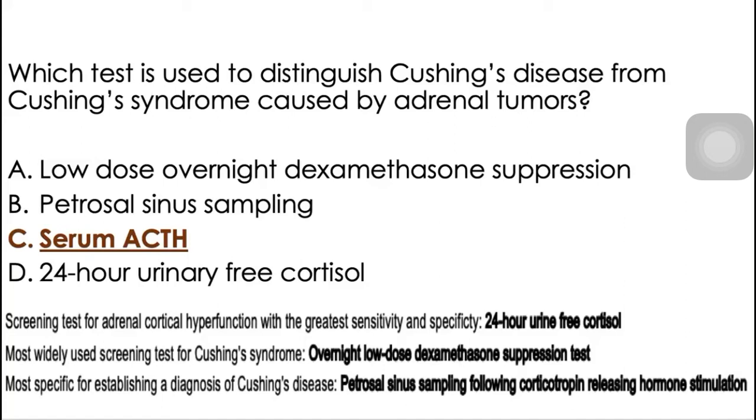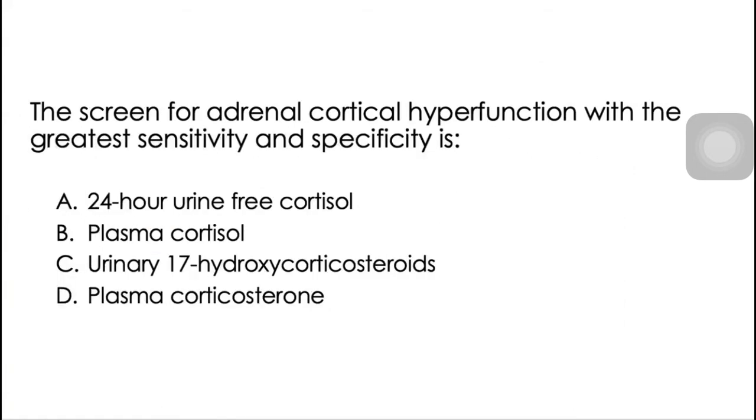The most specific for establishing diagnosis for Cushing's disease naman po, so for the more specific for diagnostic purposes, we have your petrosal sinus sampling following corticotropin releasing hormone stimulation. Okay? Pag tinanong po tayo, the screen for adrenal cortical hyperfunction with the greatest sensitivity and specificity, so this one is your 24-hour urine-free cortisol as what we've mentioned nga po kanina.